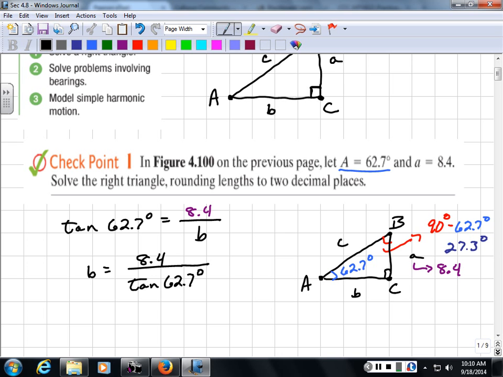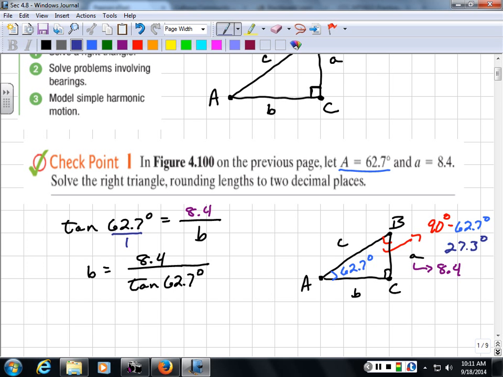Well, it's really because that is a proportion. These are called the means, these are called the extremes. In a proportion, you can interchange the means and you can interchange the extremes.